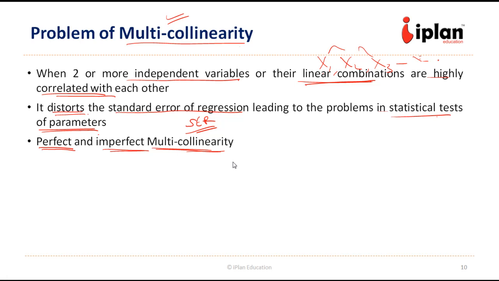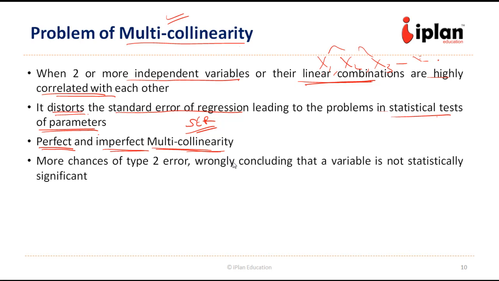So when the problem of multicollinearity exists in our model, there are strong chances of type 2 error. That is, we can wrongly conclude that a variable is not statistically significant. A variable could be statistically significant, but we may wrongly conclude that it is not so. That can happen when we have multicollinearity in our model.